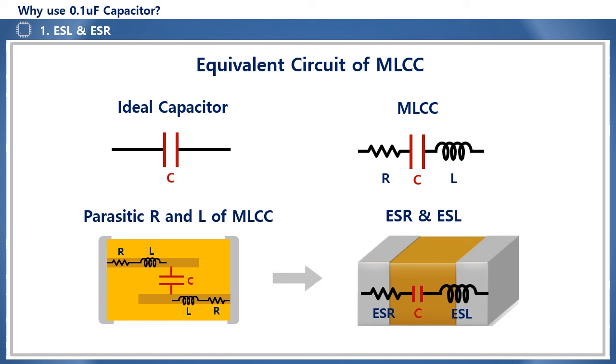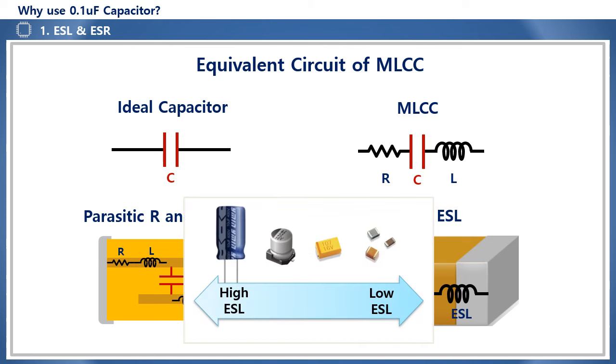The larger the MLCC size, that is, the larger the package, and the longer the internal electrode, the larger the ESR and ESL. In other words, electrolytic capacitors with long leader wires or aluminum or tantalum capacitors with large packages have a larger ESL than MLCCs. The smallest package MLCC has a smaller ESL. And even within the same MLCC, the smaller the package, the smaller the ESL.